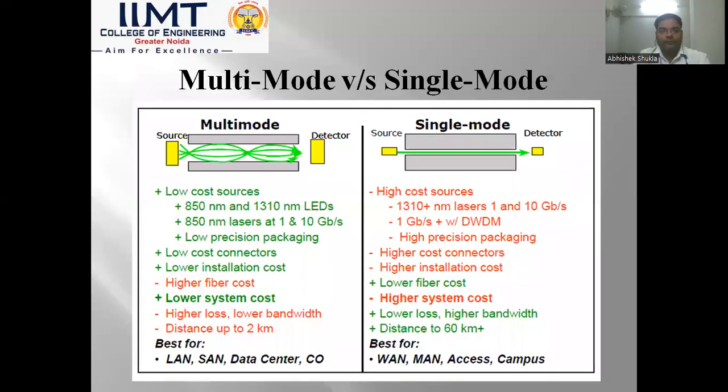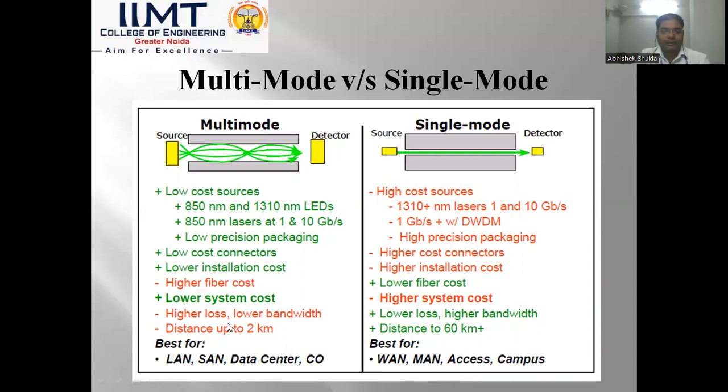Now, if we compare these two, multi-mode versus single mode, multi-mode is usually used for LAN, SAN, or some short distance applications. Whereas single mode is usually for WAN, MAN, or in campus, or connecting one city to another city.